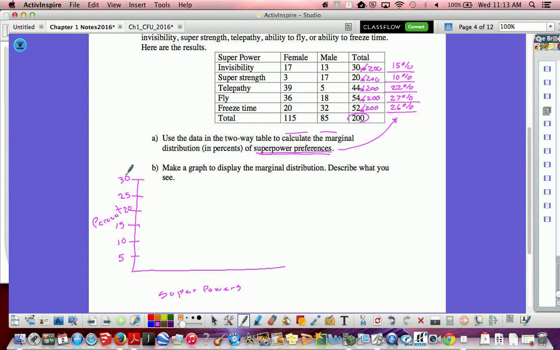So now I'm going to use symbols for each of these. I for invisibility, SS for super strength, T for telepathy, F for flying, and FT for freeze time. So we can start with invisibility. Invisibility was 15%.